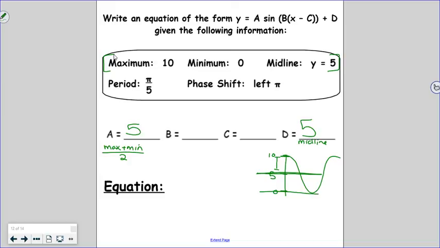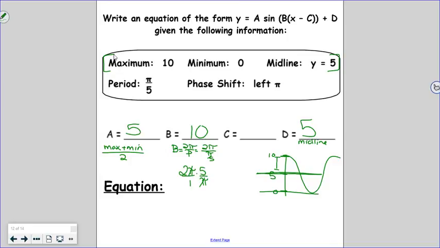B value related to the period, right? Period equal, or B equals 2 pi divided by the period. In this case, 2 pi divided by pi over 5. Multiply by the reciprocal. Pi's cancel.